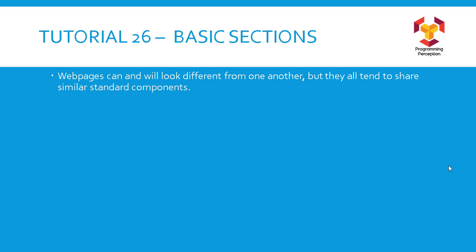But you might not know that all of them tend to use the same standard components. So HTML provides different elements to represent these standard components. Whatever standard components are common to all websites are handled by the elements provided by HTML, and to be more specific, elements provided by HTML5.